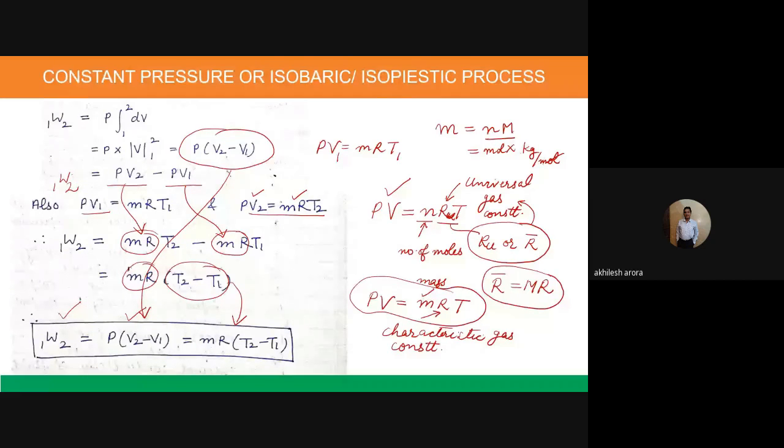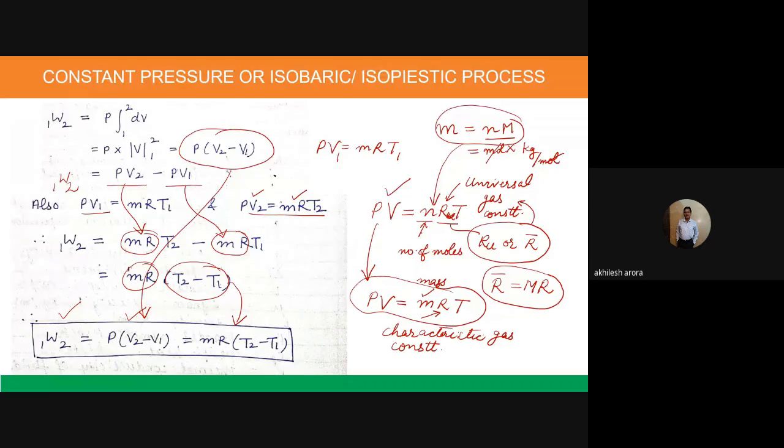So mole and mole cancels out. So this is the relation. So when you will be using this relation in this particular equation, then you will get this particular equation. It means if I use that, I will find the same response.